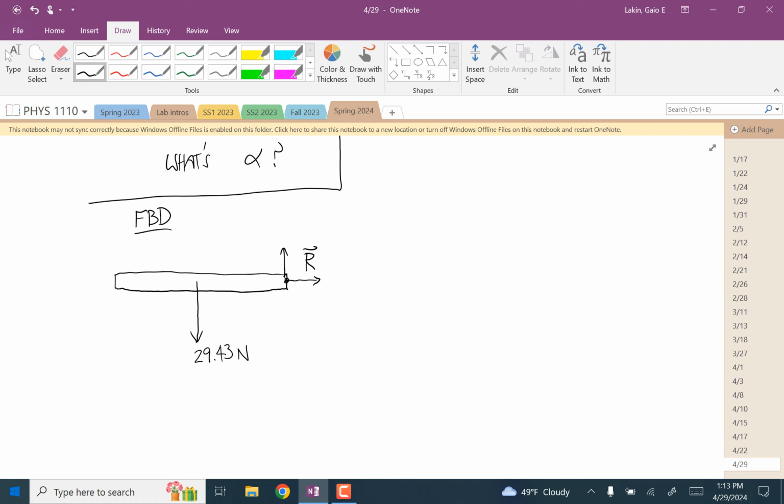Okay, and now we just have to calculate the moment of inertia and the moment produced by those forces. And we can calculate the angular acceleration.